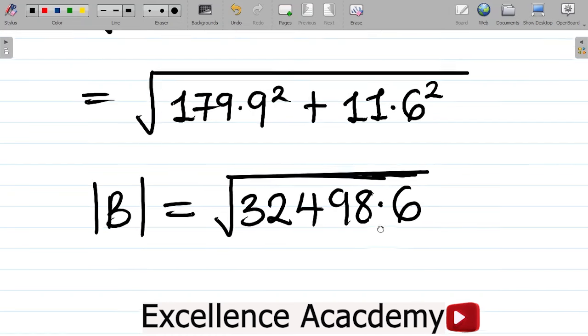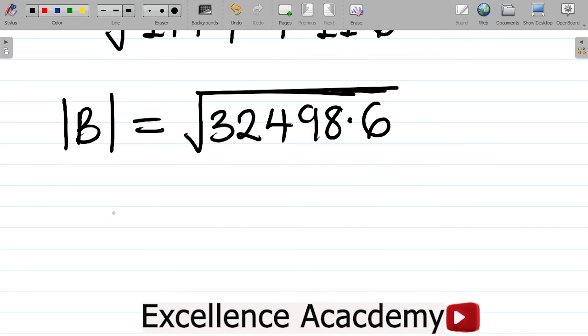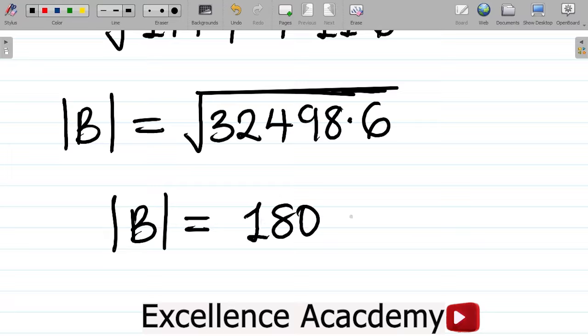To get the value of B, the magnitude of B will be equal to the square root of 32,498.6, and this is approximately 180.27 centimeters. Don't forget we're using one decimal place.